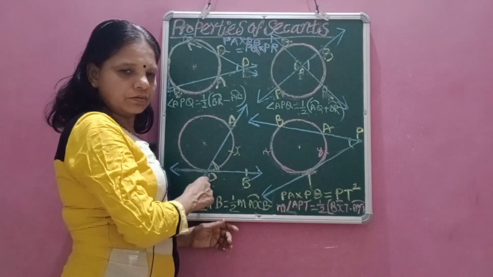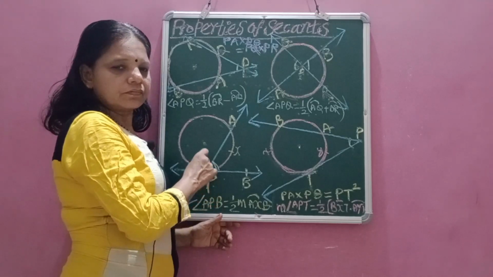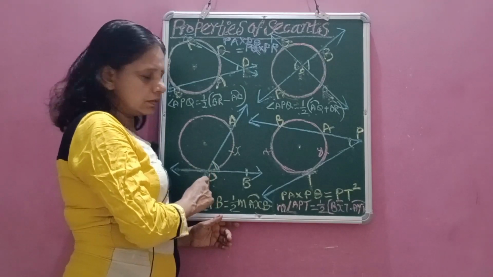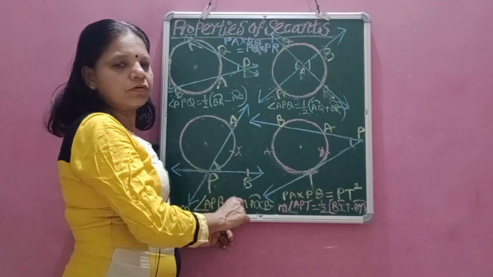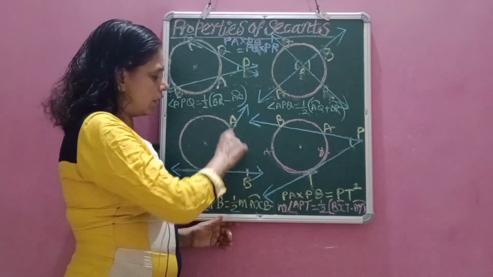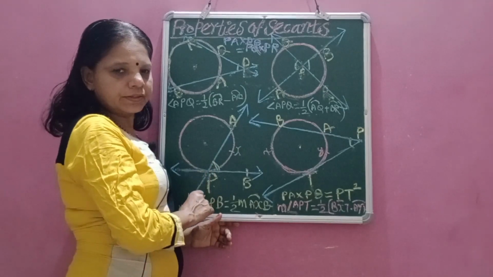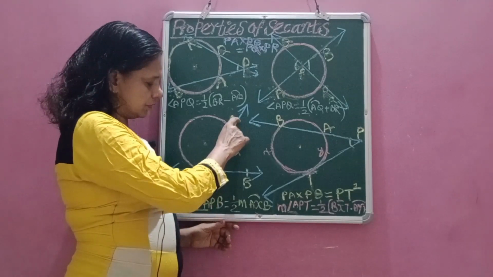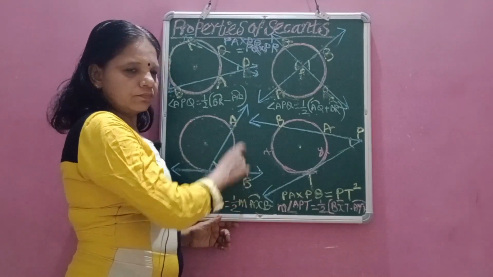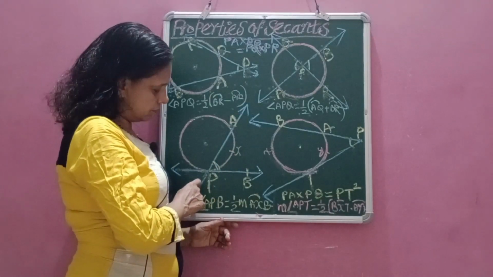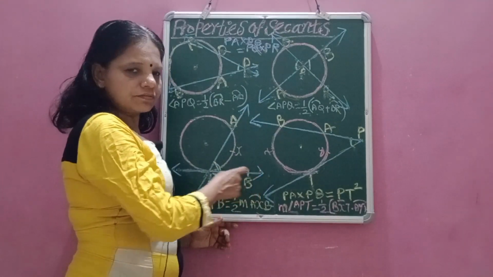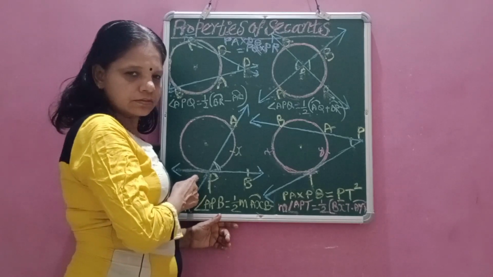Understood? When the point of intersection is on the circle, then the measure of the angle formed by them is half the measure of the intercepted arc. This property is very important. Here, one side of the angle is secant and the other side of the angle is tangent.